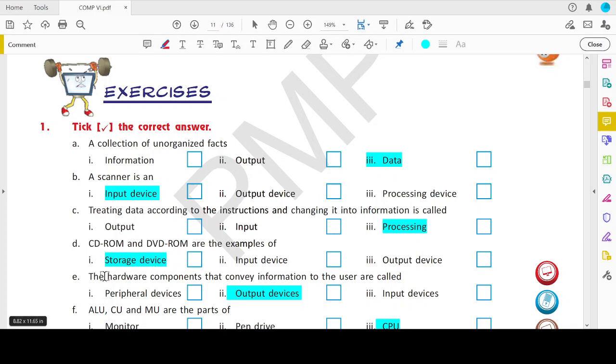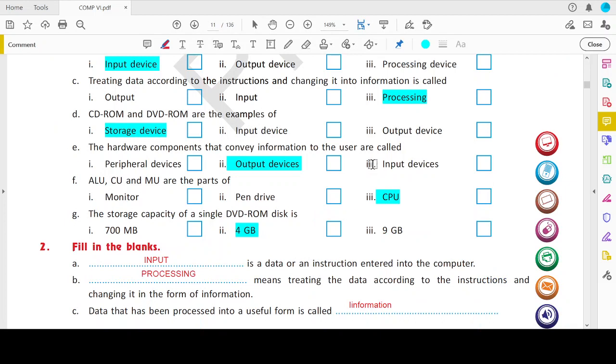The next one is the hardware components that convey information to the user are called peripheral devices, output devices, or input devices. So who conveys information to the user? The output devices convey information to the user, right?